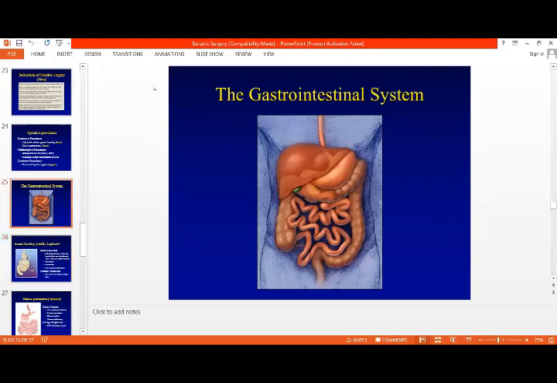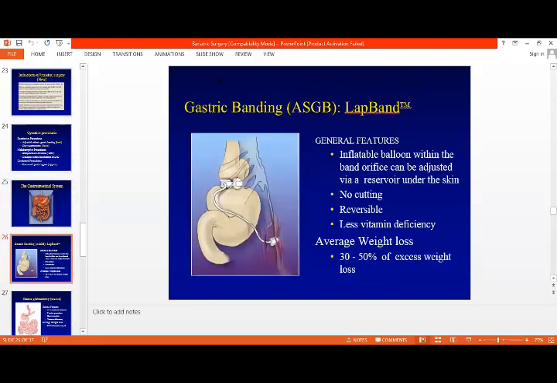So let's start with gastric banding. This is also called lap band, laparoscopic banding, or adjustable laparoscopic gastric banding. You can remember lap band, or just banding is okay.